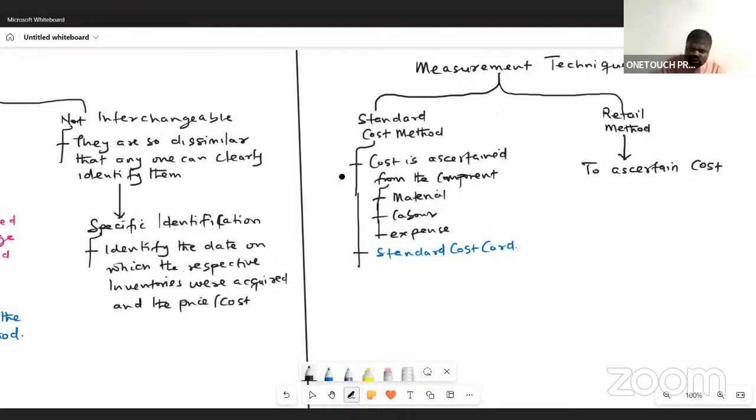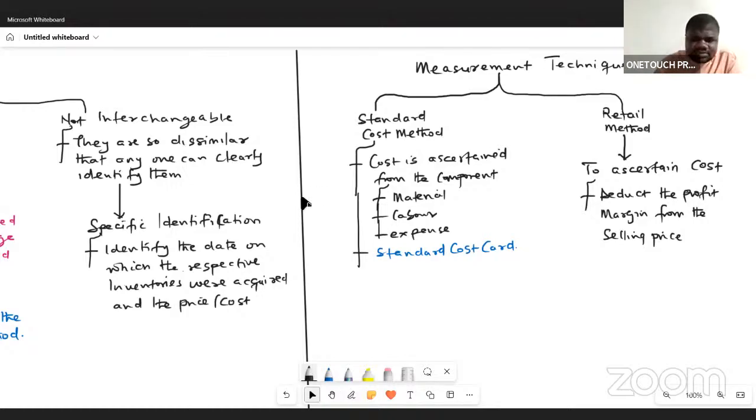To ascertain cost, you deduct the profit margin from the selling price. Deduct the profit margin from what? From the selling price. So that is it.